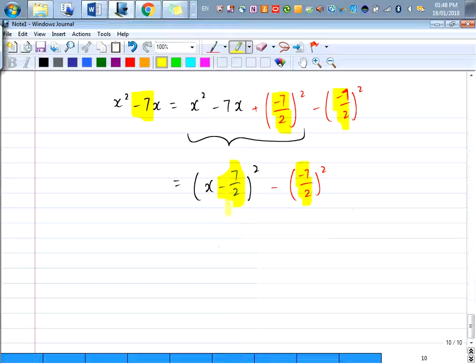Notice that in my perfect square, I've got a negative sign this time. It came from the negative sign of the coefficient of x. Let us simplify. Simplify shouldn't be a problem for your class. Now I have x minus 7 over 2 squared minus 49 over 4. Okay?